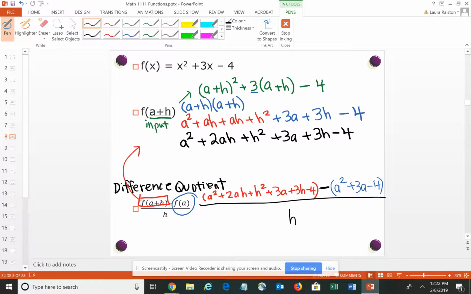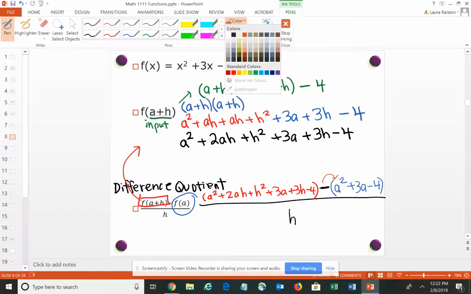Okay, so the first thing that I need to do is to combine like terms. Now be careful because you need to distribute this negative. So you have a squared minus a squared, which is going to give me no a squared.